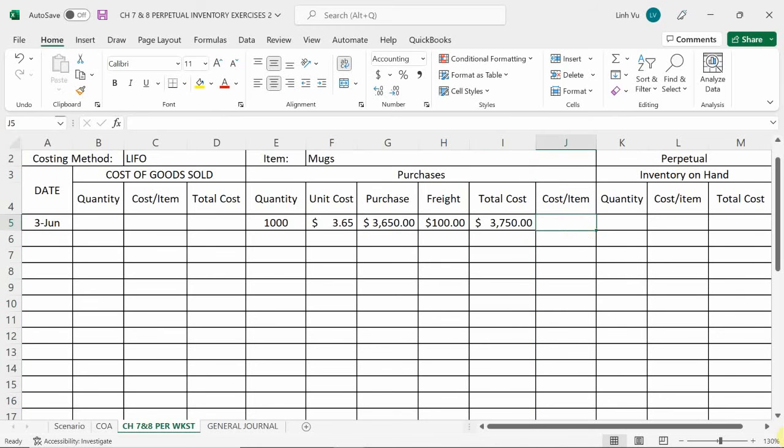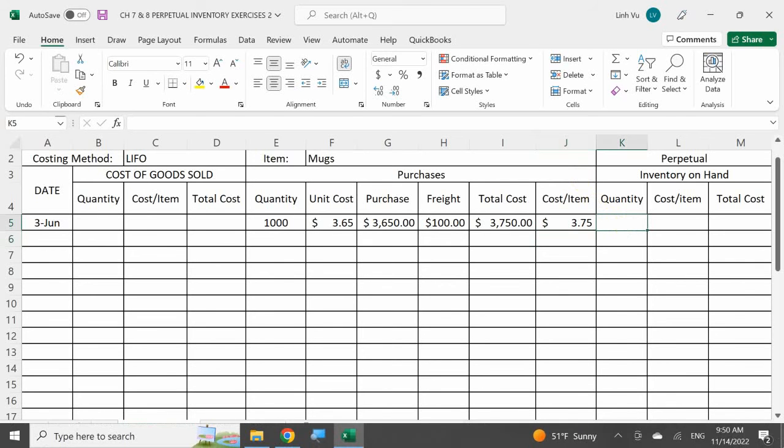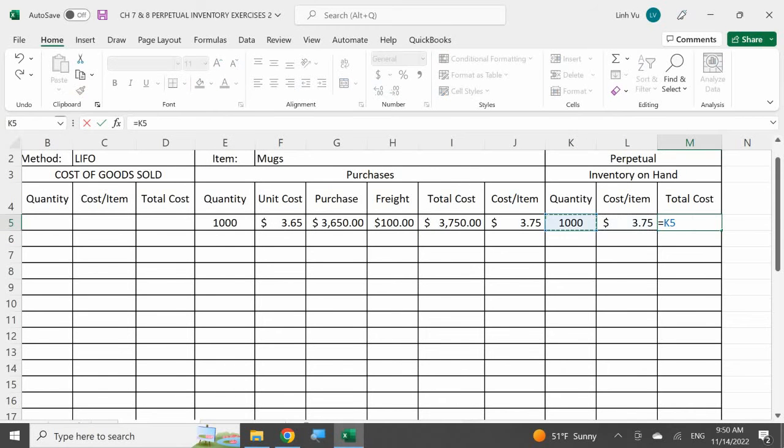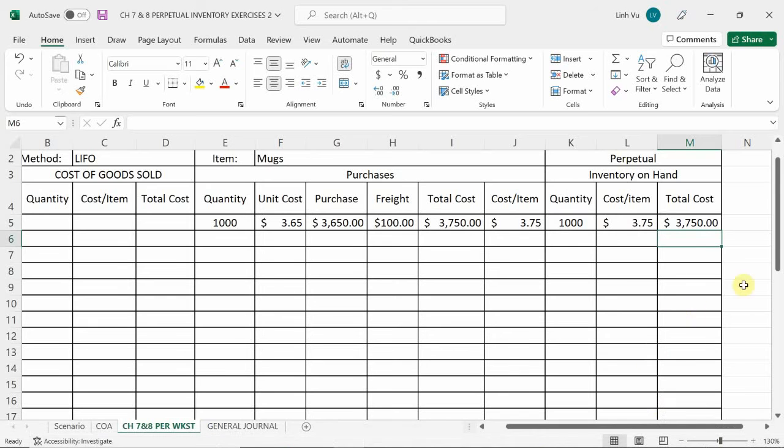So in this case, my cost per item is going to be $3.75 each, and I'm going to go ahead and put my running balance in here. 1,000 units at $3.75 each will give me a total of $3,750.